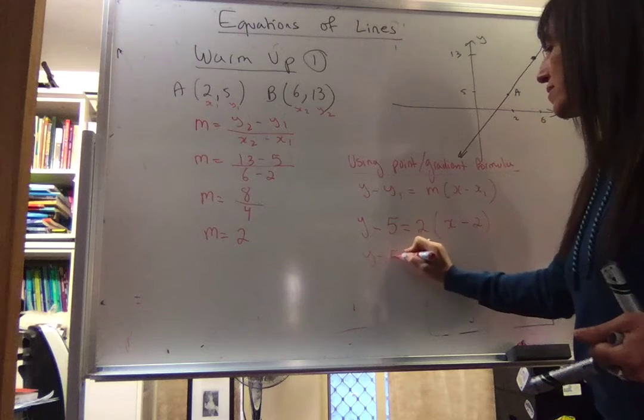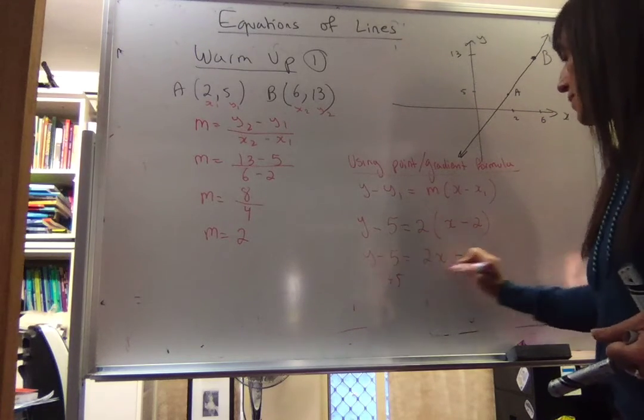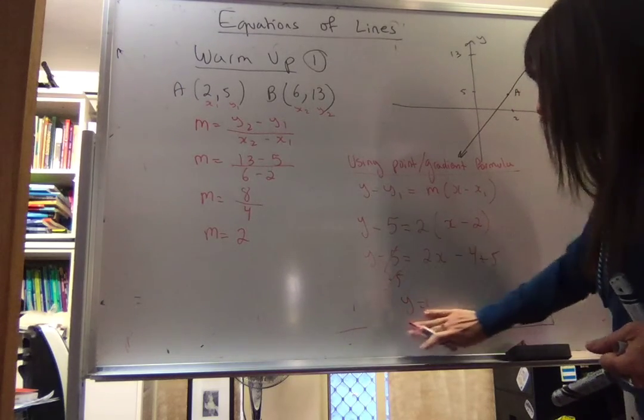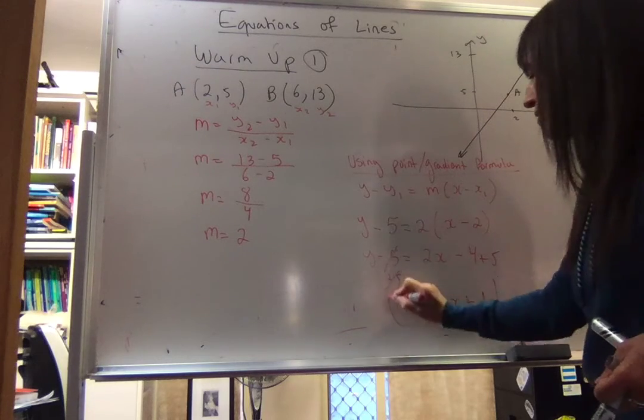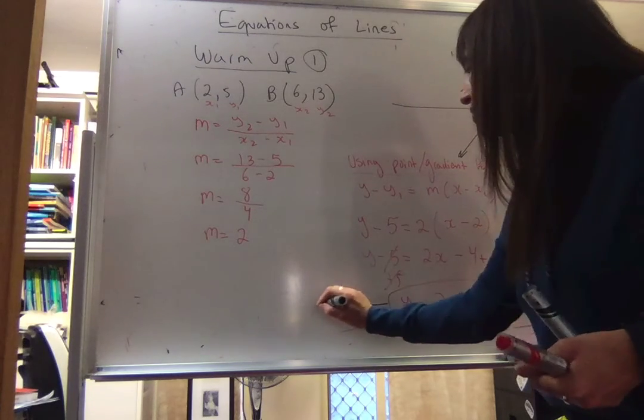Let's go. y minus 5 is equal to my gradient, which is 2, times x minus 2. Expand the brackets. Add 5 to both sides. y is equal to 2x plus 1. And there is my gradient intercept form. Okay, but now if I wanted to change that into the general form, well, let's do this over here.